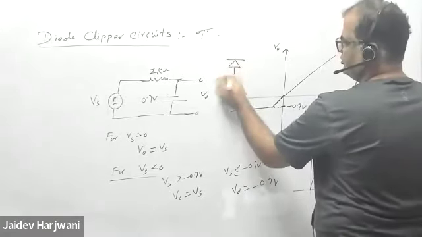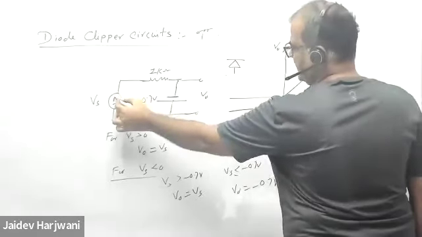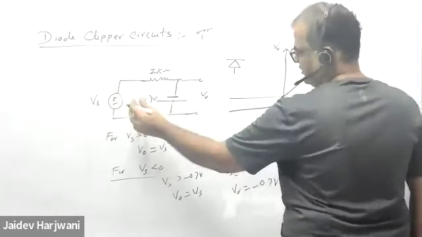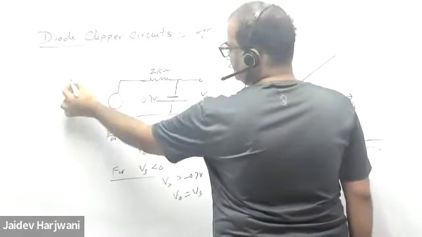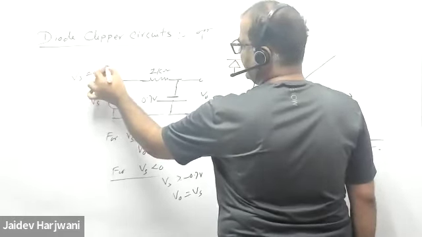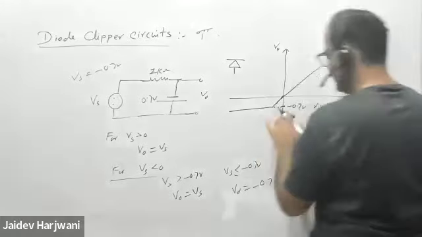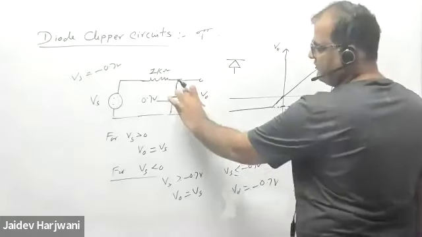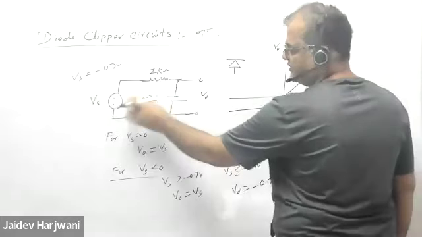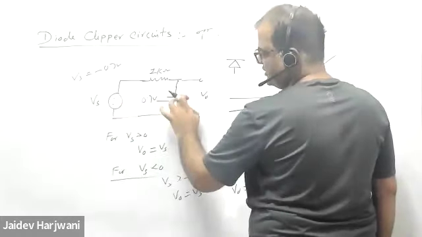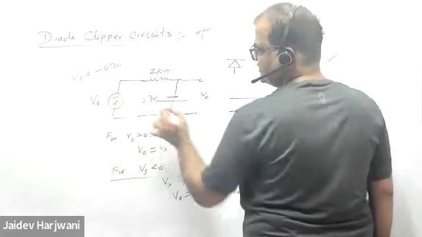So Vs should be at least less than minus 0.7 volt. Then only it will be on. If the value is not sufficient, because it has to be forward bias, it will not be on.